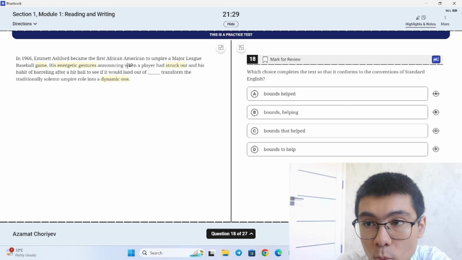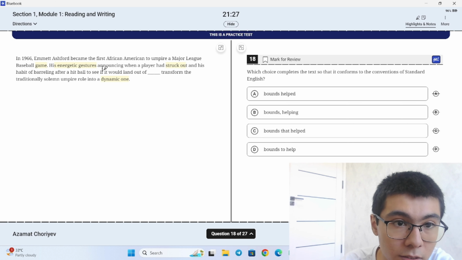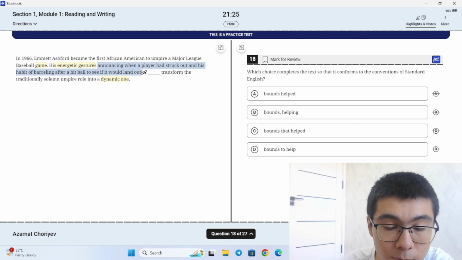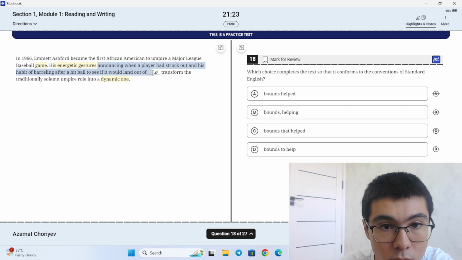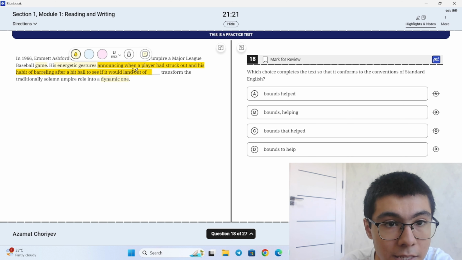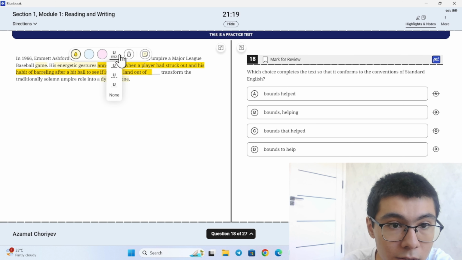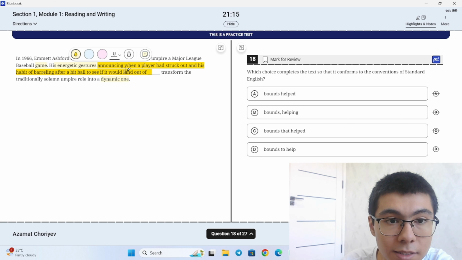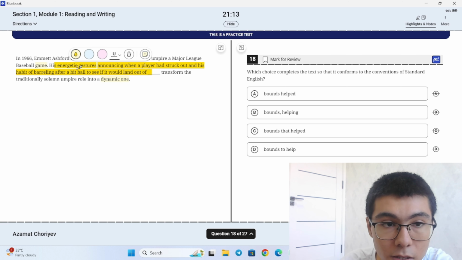So here I can get rid of this part, out of bounds. I can get rid of this part because it's unimportant. This part, which I underlined, is unimportant.